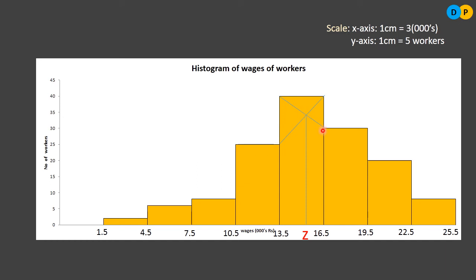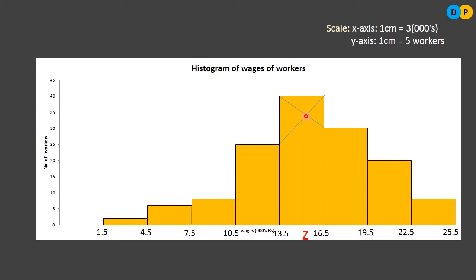Okay, like this. From here we'll be joining a straight line to this vertex of the adjacent rectangular bar. From here again we are drawing a line which will connect to the upper vertex of the other adjacent rectangular bar. So after drawing these diagonal lines, we will be getting an intersection point.